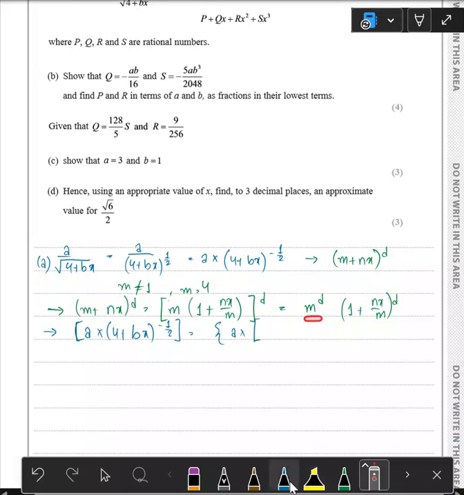At first I'm taking the m common, so I will take 4 common and write d on top of it. d is negative half, and bracket 1 plus nx divided by m. So 1 plus n is b, so 1 plus bx over m which is 4, to the power d, which is negative half.